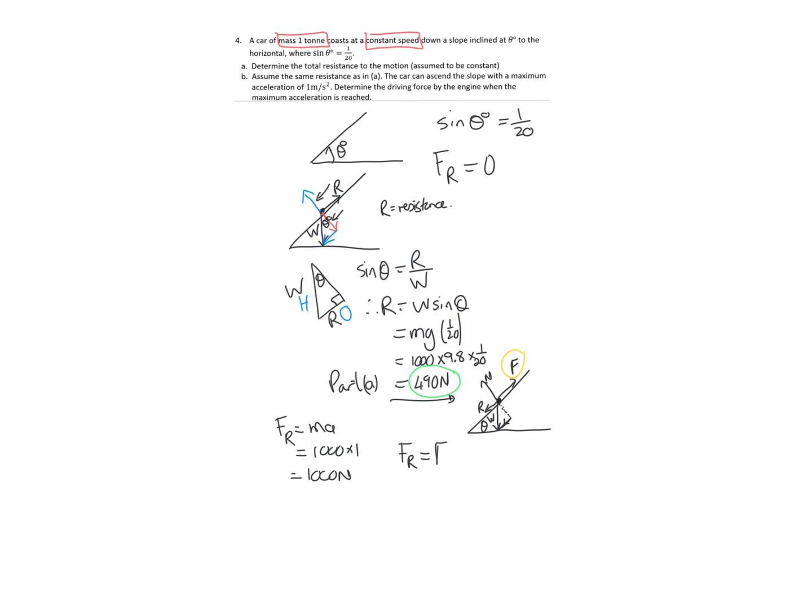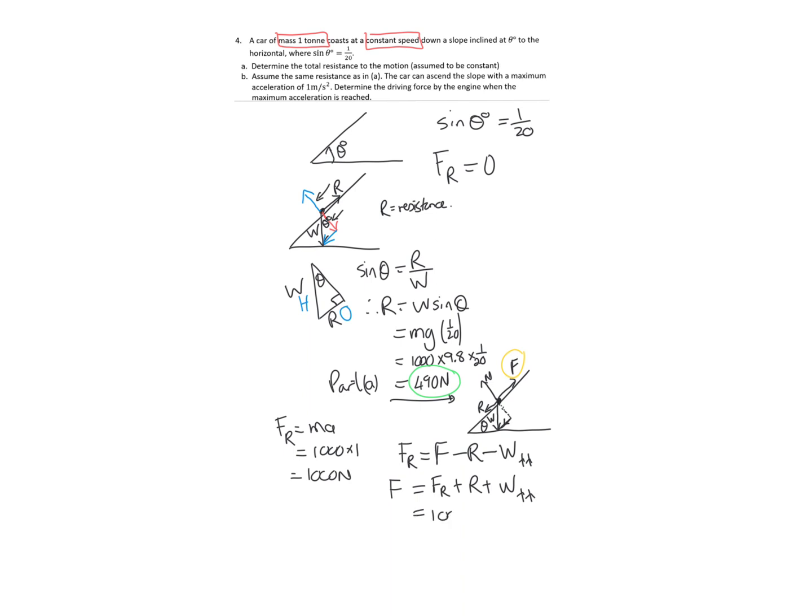So I start with the driving force. From the driving force, subtract the resistance that's keeping it back and subtract the weight, but the piece that's parallel to the plane. Could now rearrange this, work out for F. So when I rearrange it to make F the subject, it's F resultant plus R plus the weight and the piece that's parallel to the plane.